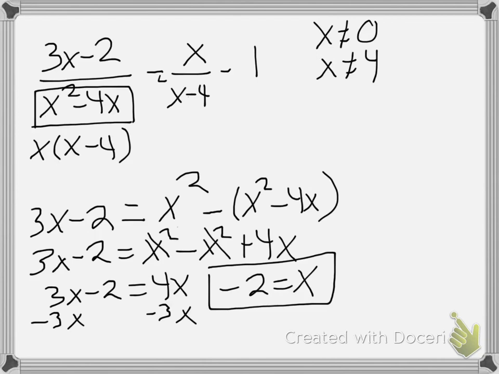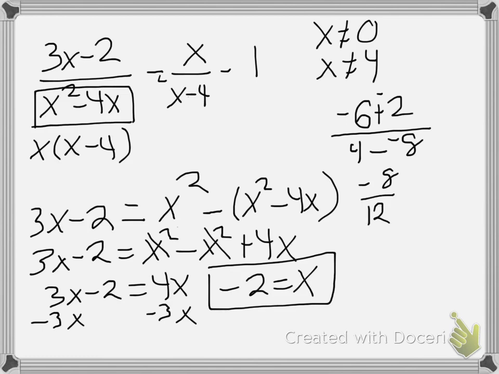All right, let's make sure. Let's plug it back into the original problem. 3 times negative 2 is negative 6, minus 2, divided by negative 2 squared, which is 4, minus 4 times negative 2, which is negative 8. So I have negative 8 over 12, or negative 2/3. Now, let's go ahead and erase a little bit so we can see what I'm doing here.